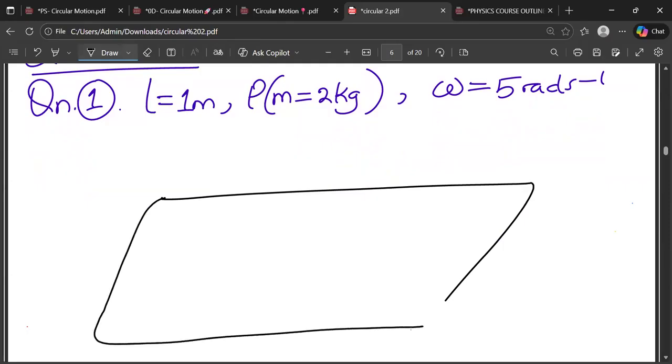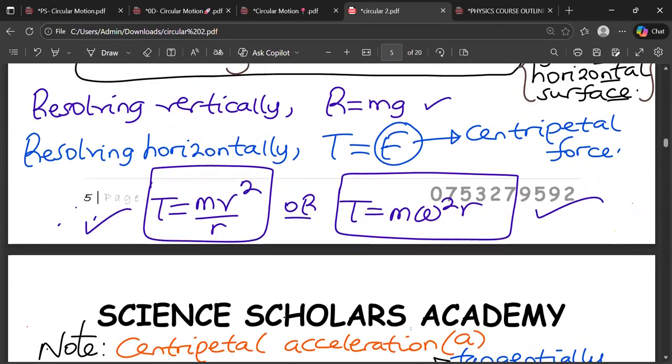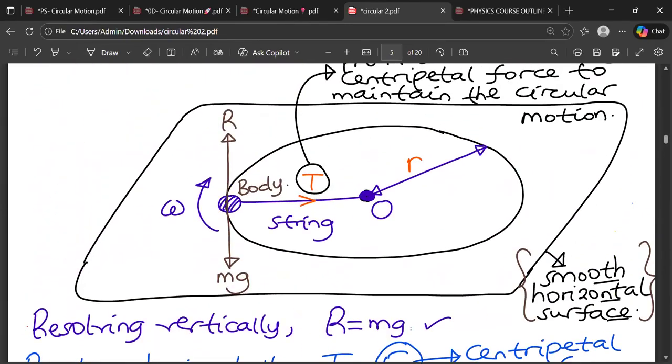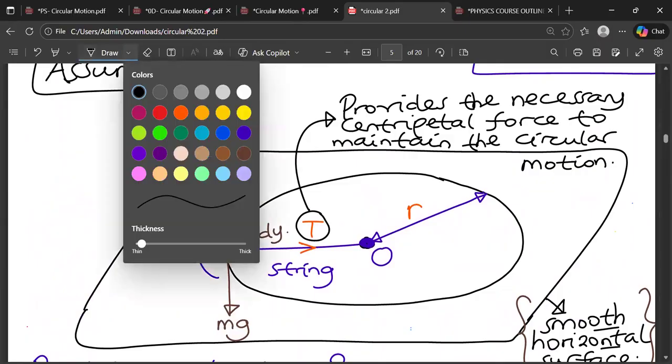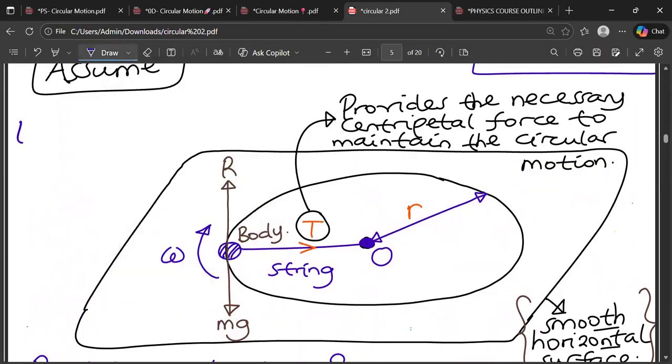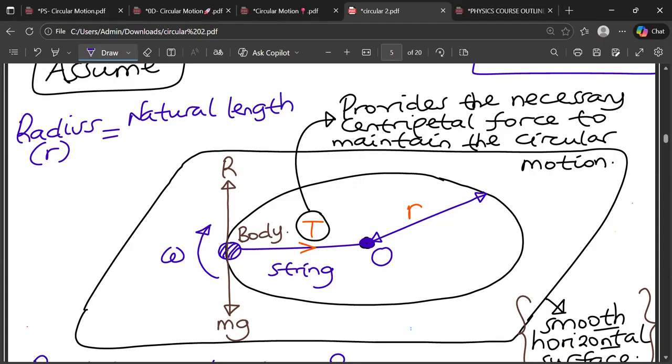Someone may be like, but why are they really giving us the length of the string? If I want you to look at that diagram, do you realize that radius r is the same as the length of the string? Who can see that? Do you see that the radius is the natural length of the string? In physics, they usually call it natural length, but they can just say length in the question.